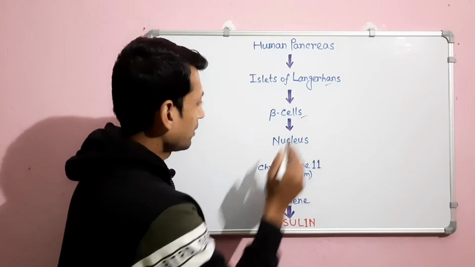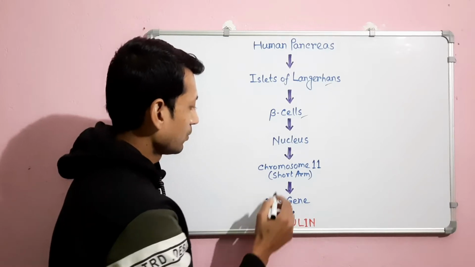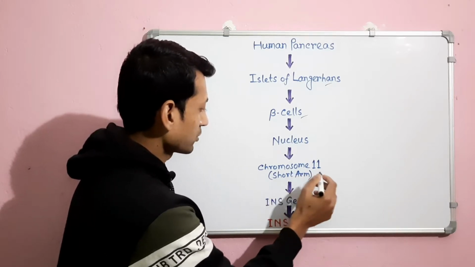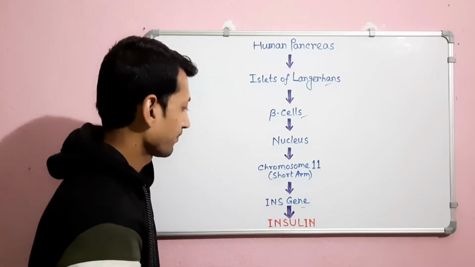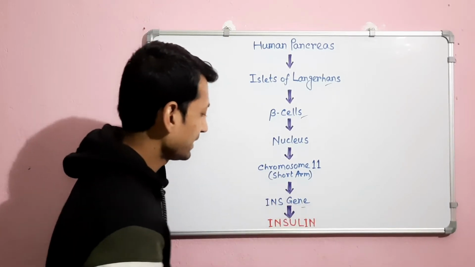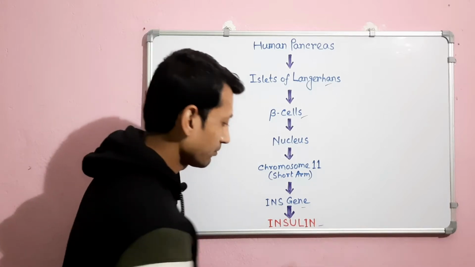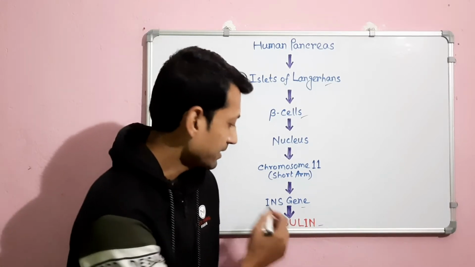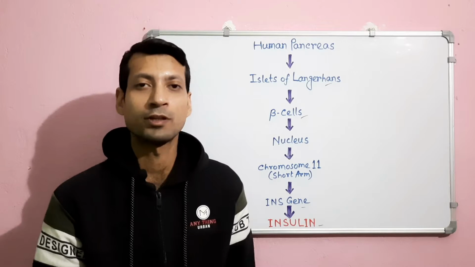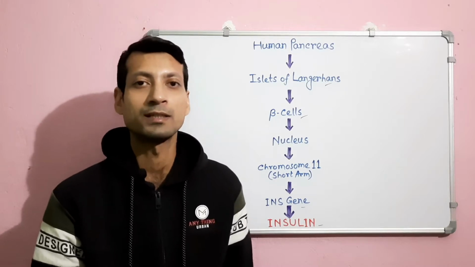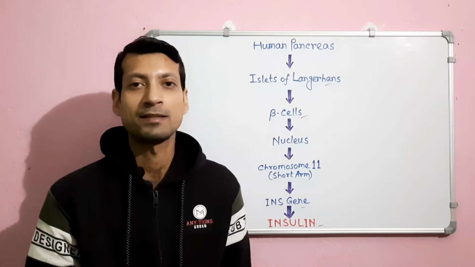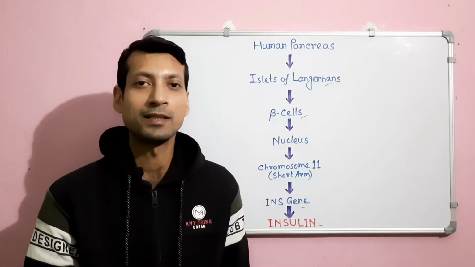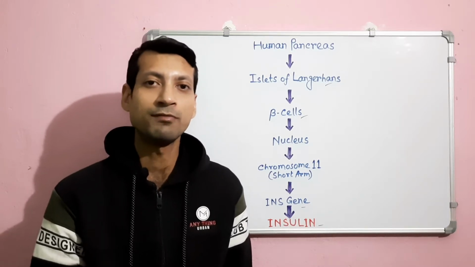In the nucleus of the beta cells, on the short arm of chromosome 11, there is the insulin gene, and this insulin gene secretes insulin hormone. This insulin hormone is one of the very important hormones in the human body. This insulin plays an essential role in the blood glucose regulation of the human body.